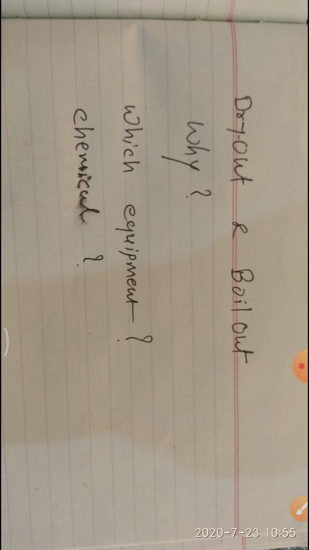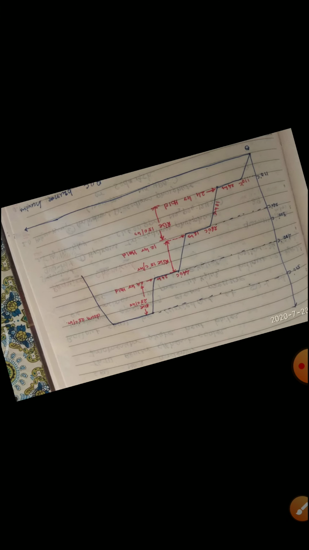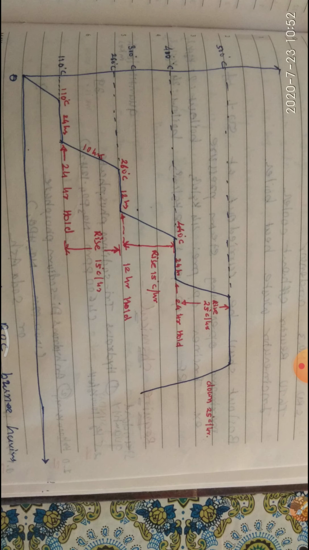Reaction furnace temperature should be kept to a minimum by adding combustion air, increasing the combustion air flow or reducing the fuel gas flow. After the initial temperature is achieved, maintain it. Suppose the temperature is maintained at 110 degrees centigrade, then hold for 24 hours.